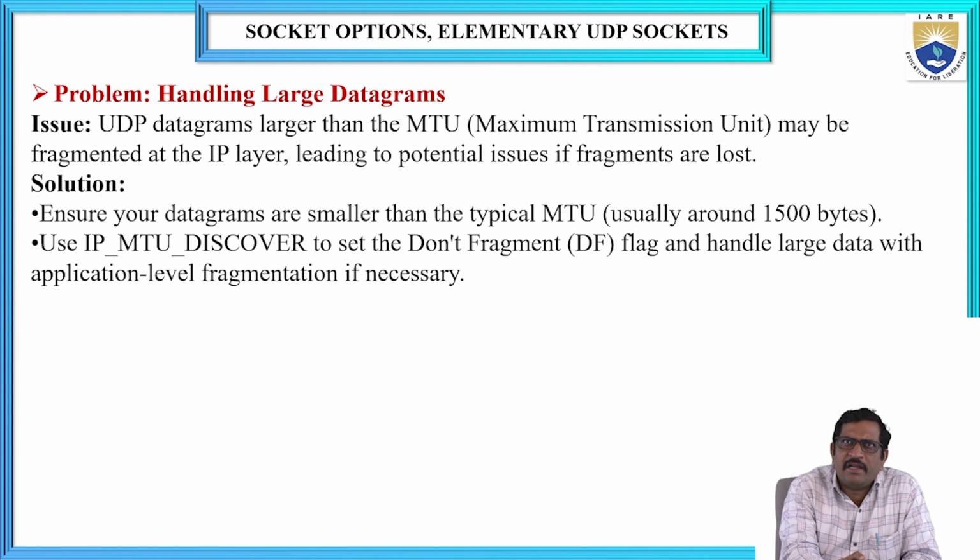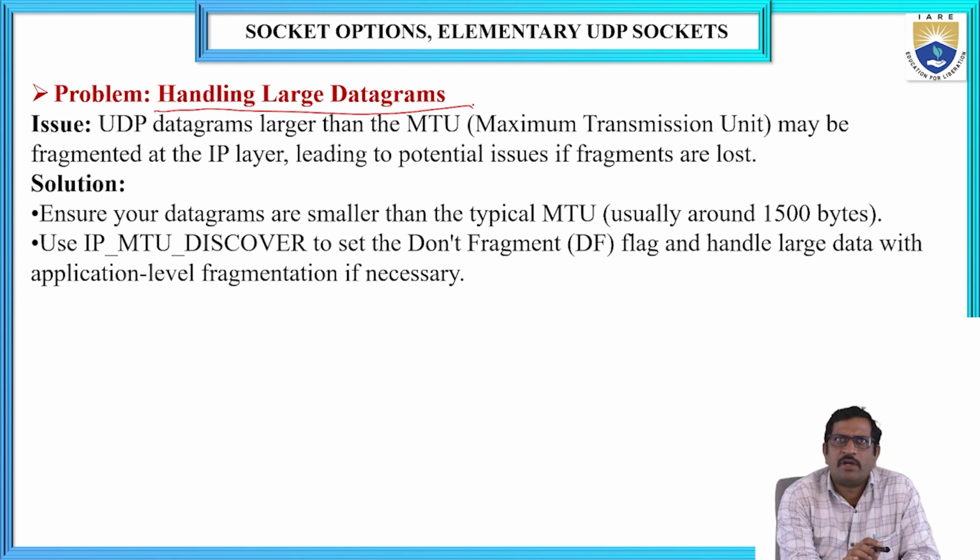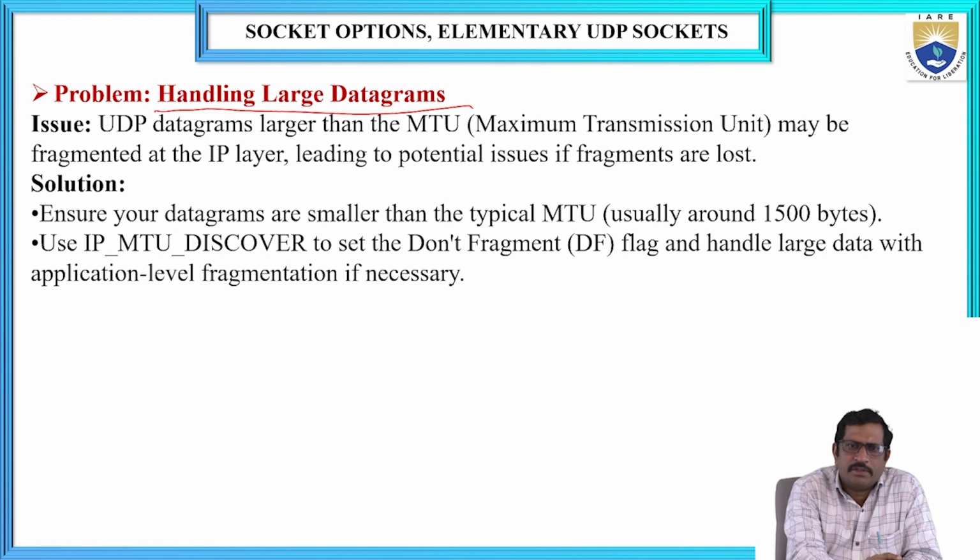The next problem is handling large datagrams. The issue is UDP datagrams larger than the maximum transmission unit, MTU. The datagram size is very large, so it is a problem handling large datagrams over the network.